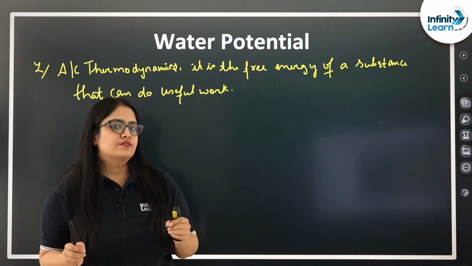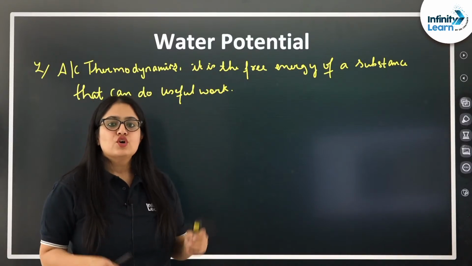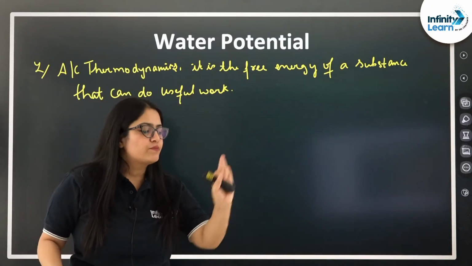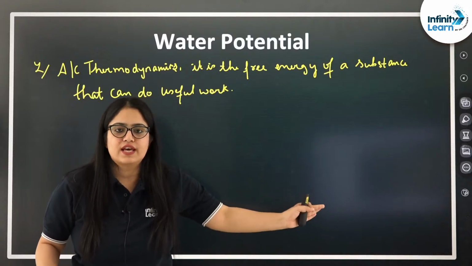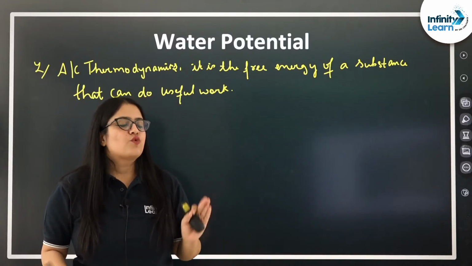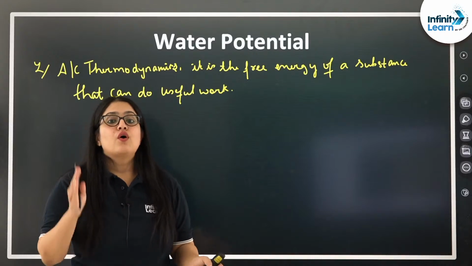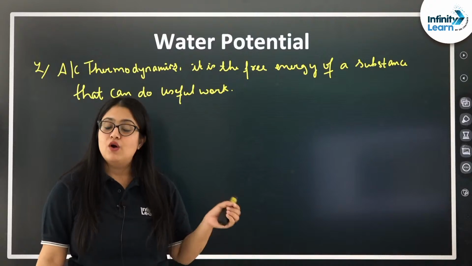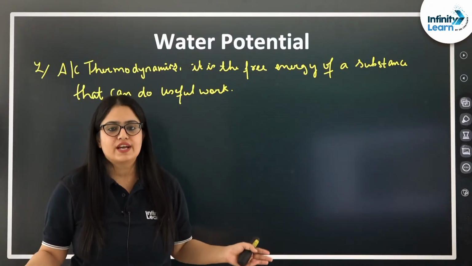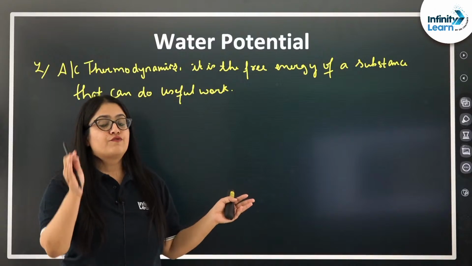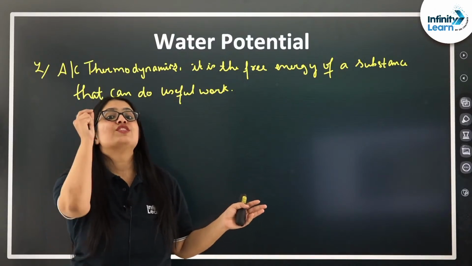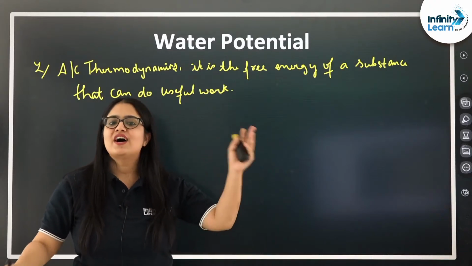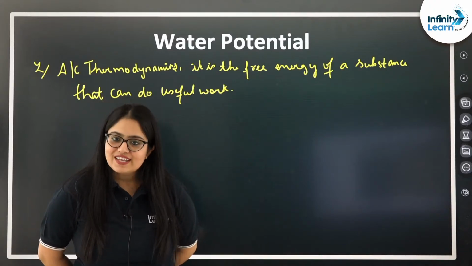Now, for example, here the substance is water molecules. If water molecules need to perform some useful work, that is moving from one point to another within a cell or between two cells, then this water molecule can use only the energy which is present in free form and not the bound energy. So bound energy of water molecules cannot be used to do any kind of work, that is movement. The free energy associated with the water molecules is going to help them to move from one point to another. That is the work done, right?